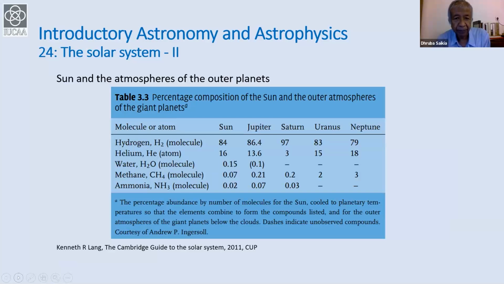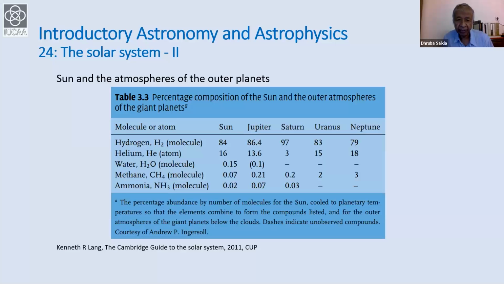So this gives the percentage composition of the Sun and the outer planets, Jupiter, Saturn, Uranus, and Neptune. Although there are variations on the surface of these planets, you can see that they've considered hydrogen and hydrogen molecule, because in the planets it would be existing in molecular form.